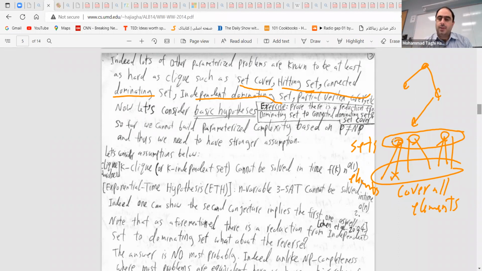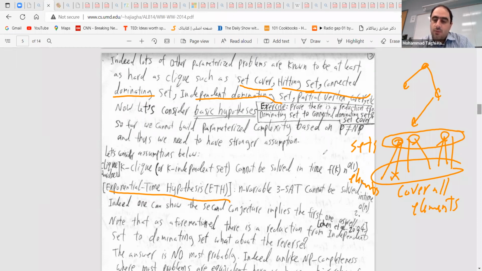Now, we discussed the assumptions, and we mentioned that the main assumption here is the exponential time hypothesis, that for n variable 3-SAT, there is nothing better than 2 to the little o of n. Good, and we mentioned that there is another assumption, the Clique assumption, that k-clique or k independent set cannot be solved in f of k times n to the order 1.